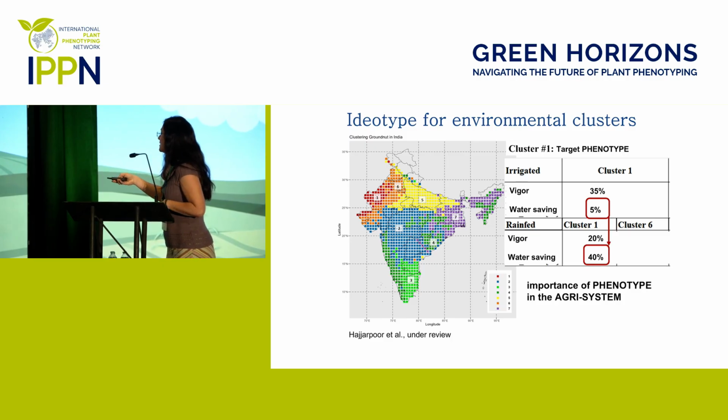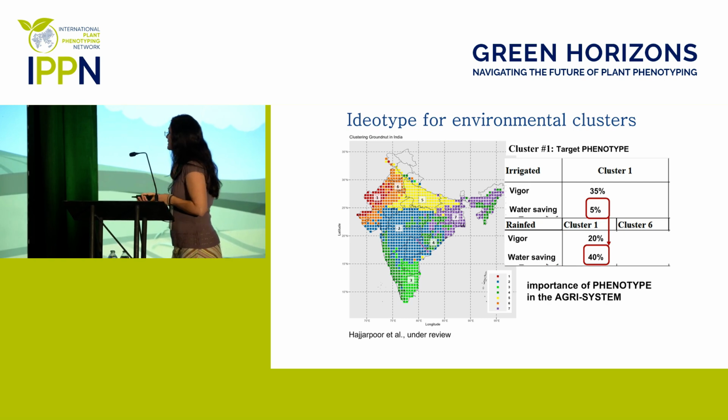So of course, vigor is important, but I want to drive your attention to this one. This tells us that the importance of water-saving traits in a rainfed system is so much more. So in this case, breeders' mass selection for these traits would hugely destabilize these production systems. That is what this number tells us.